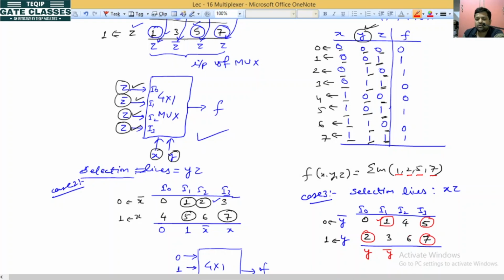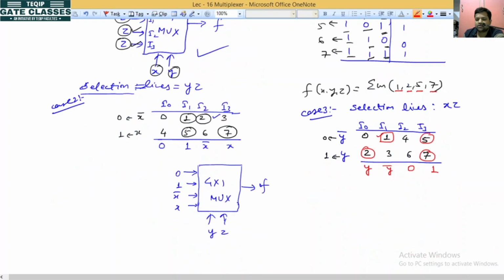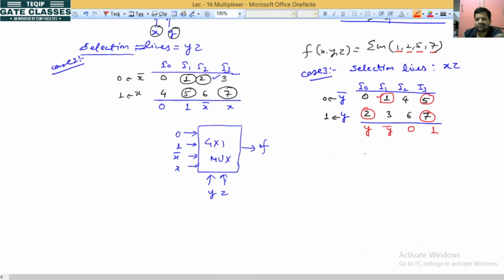No number is circled here, so write 0. If both are circled, then write 1. Okay. Now if you want to implement it with a 4 cross 1 mux, then it will be our 4 cross 1 mux, and we have selection lines as x and z, and we put I0, I1, I2, I3 here.